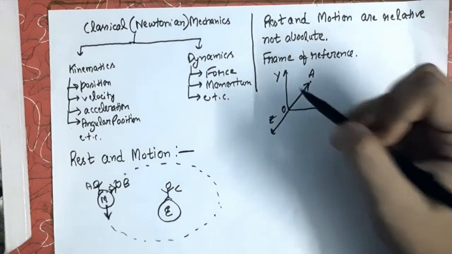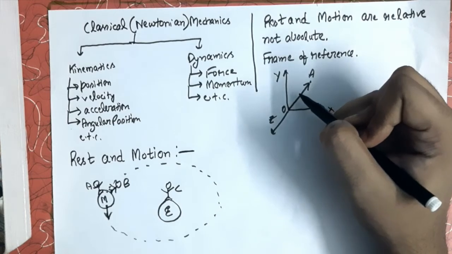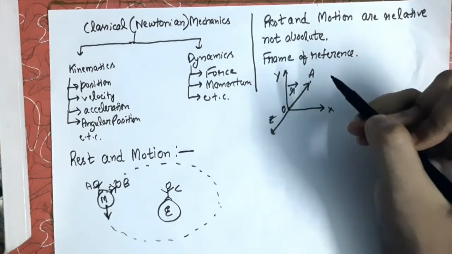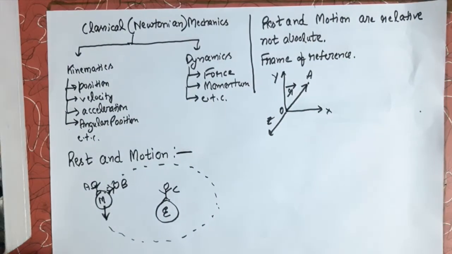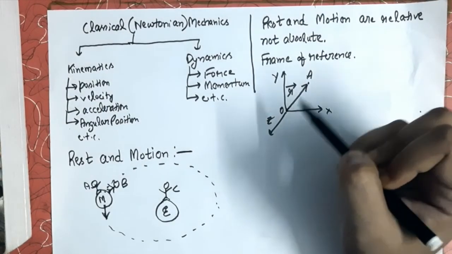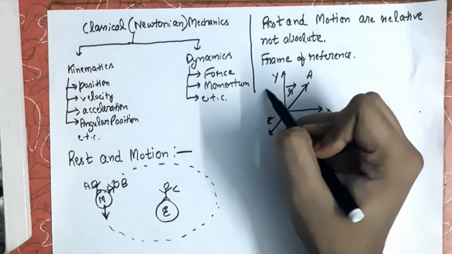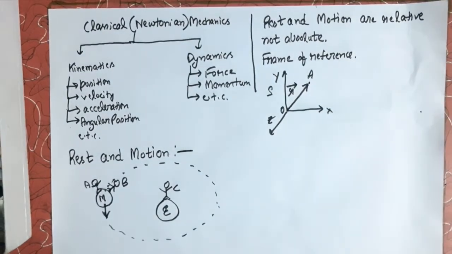This is called the position vector. I hope you know vector quantities. We call this vector r, the position vector of the particle or the person. Suppose this coordinate system x, y and z is the S frame of reference. With respect to this S frame of reference, it has position vector r.